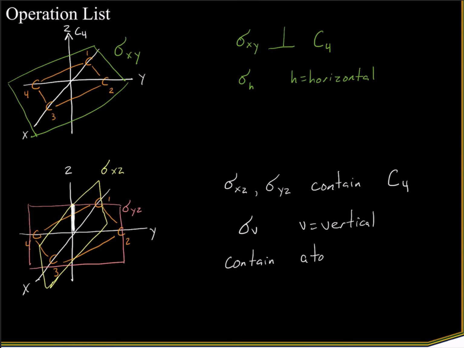So they contain some atoms, meaning they don't bisect any bonds. So these contain atoms, they aren't going through any of our chemical bonds as they're drawn. They're actually going through the nuclei themselves, right? So here we have a sigma H, and we actually have two separate sigma Vs, right? Our XY and YZ are these two different types of sigma Vs.